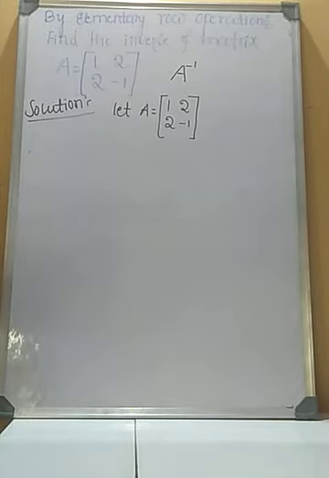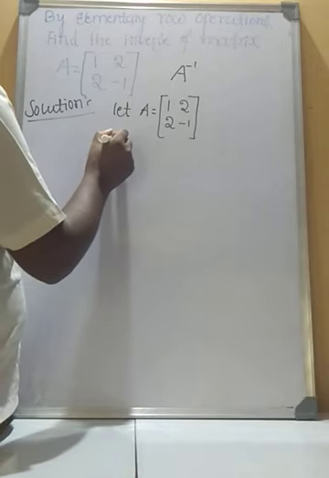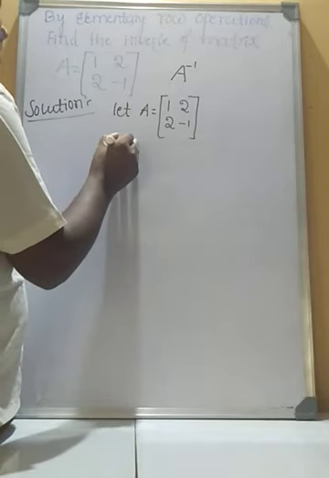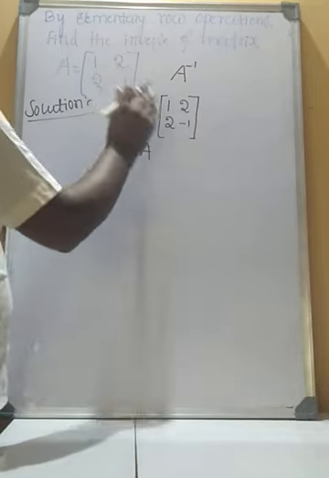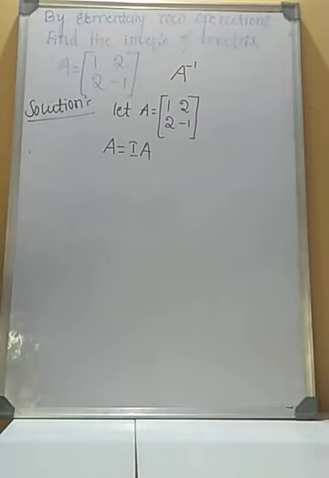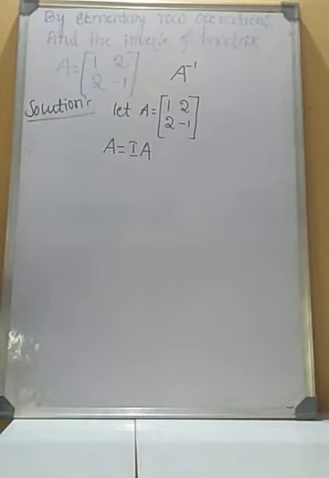In order to use elementary row operations, we write A is equal to IA.